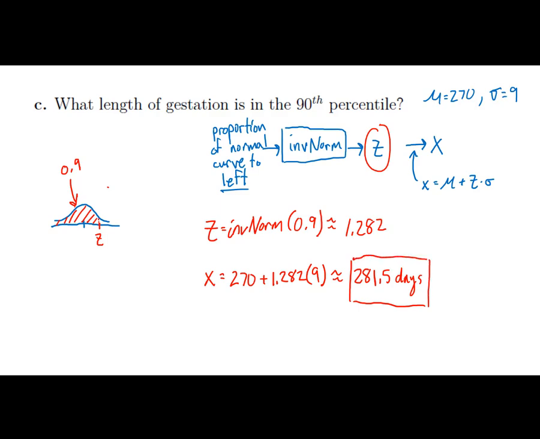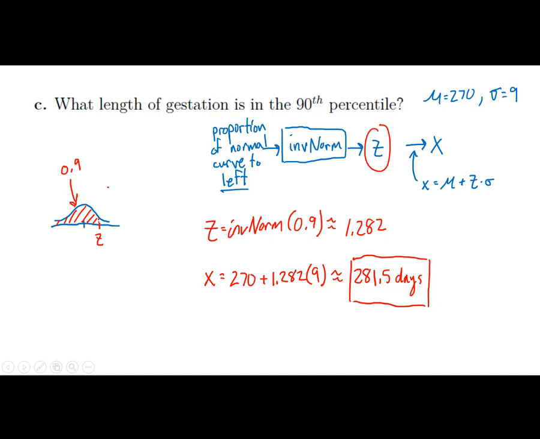So on these problems involving the normal curve, we're typically going to either be using the normal CDF function or the inverse norm function as the key to getting to our solution. And the key to deciding which is the appropriate one is to say, what are they asking me to give as an answer in the end? If, like in this case, they're asking us to give a variable value as an answer, then inverse norm is your ticket.